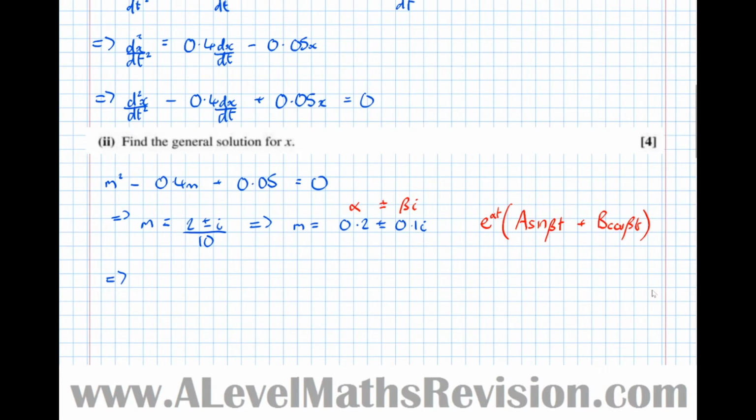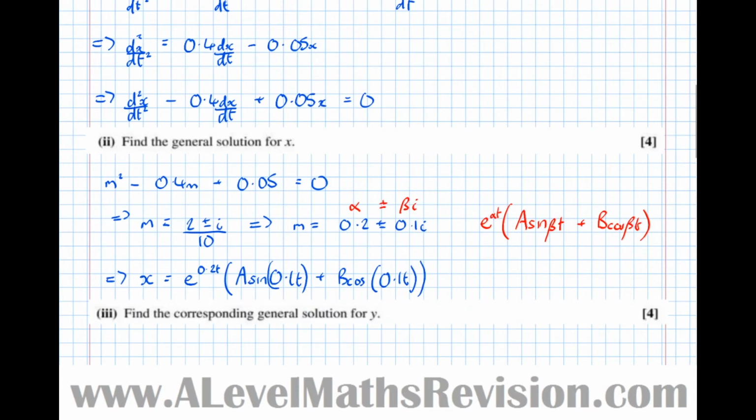So then our solution for x is equal to e to the power of 0.2t, then we've got a sine, mustn't forget to put the constant, a sine of 0.1t plus b cos of 0.1t. And there's the general solution, so 4 marks.